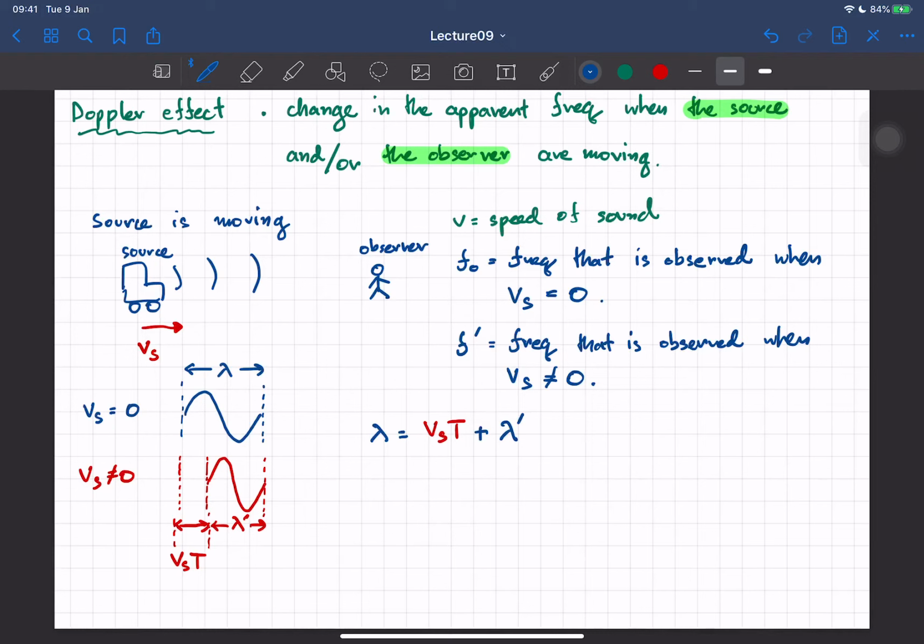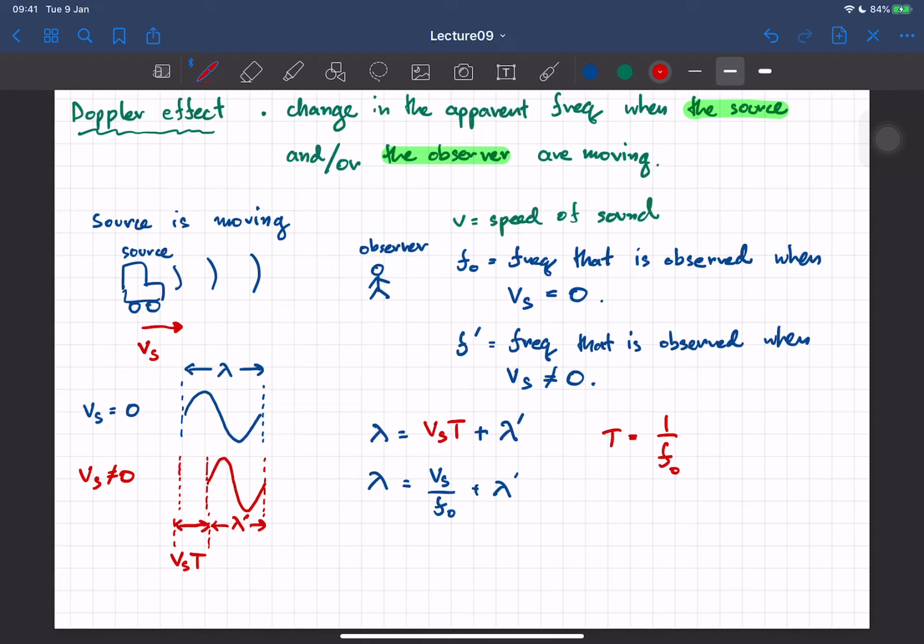Okay, and then what is big T? Well, big T is 1 over the frequency. So Vs times big T becomes Vs divided by F0, plus lambda prime, because by definition, the period of the wave is 1 over F0.